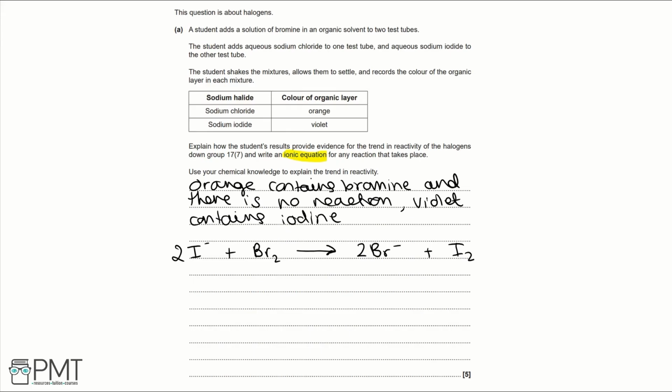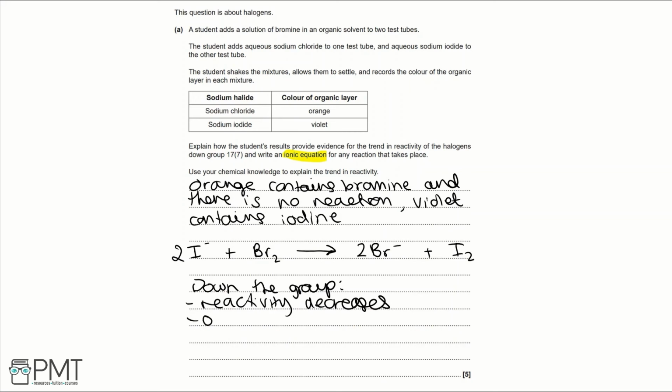Now we need to move on to the reasoning using chemical knowledge. With this chemical reasoning, we're going to talk about the trend going down group 7. So the first bullet point we're going to write is that the reactivity is going to decrease.